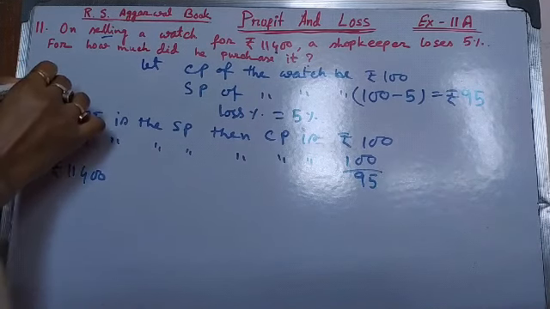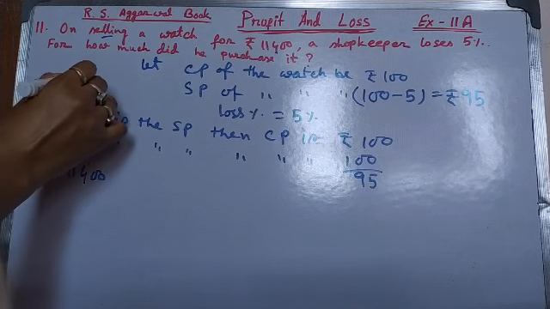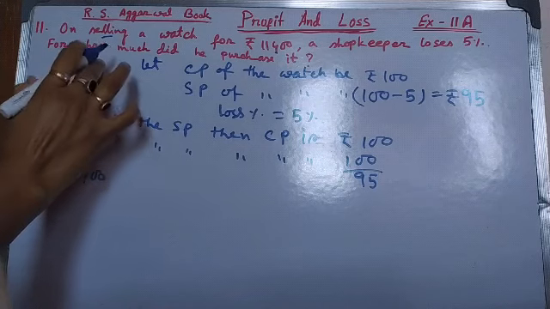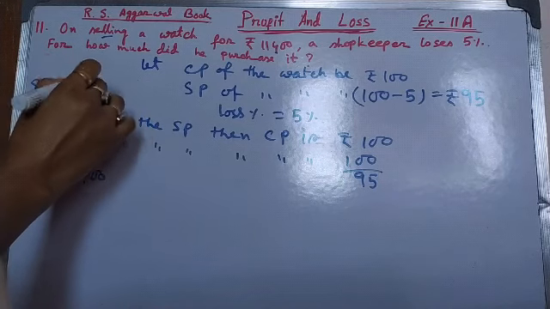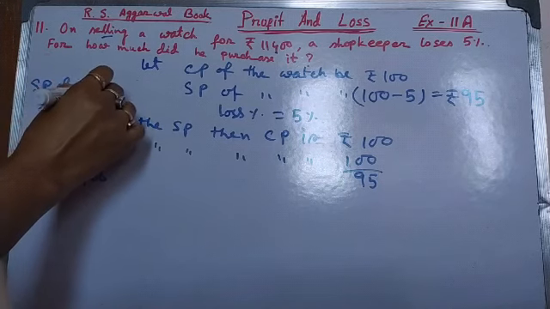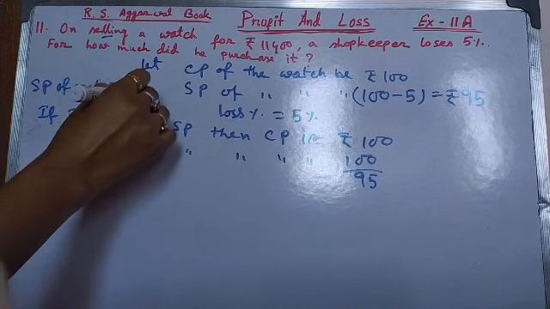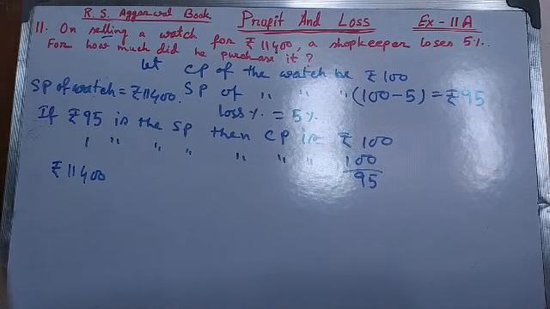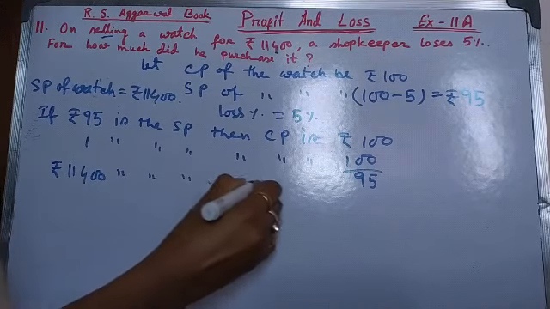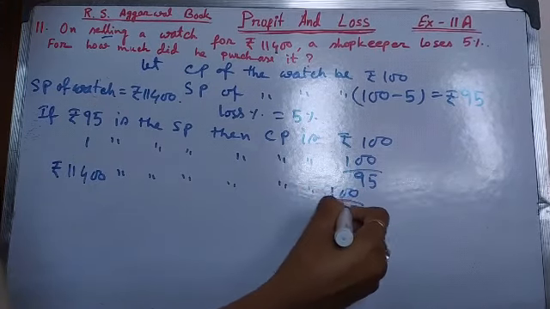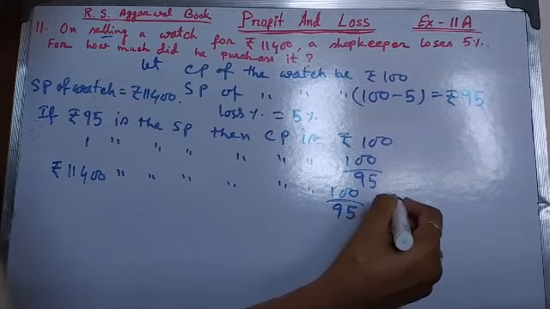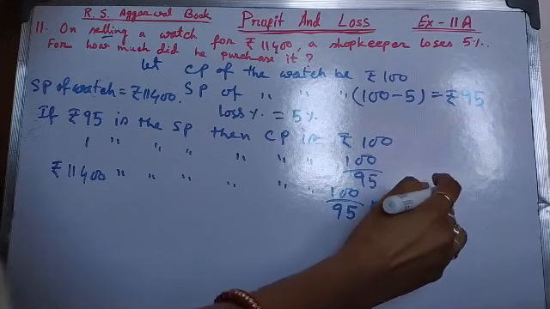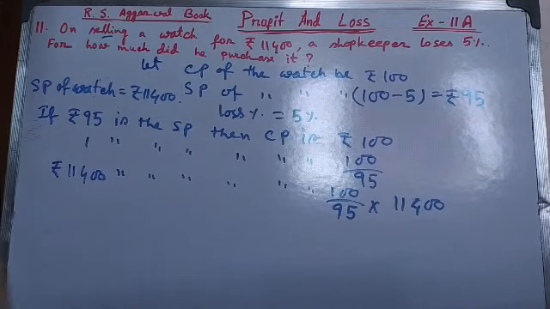SP of watch equal to rupees. Statement is required there. 100 by 95 into 11,400.